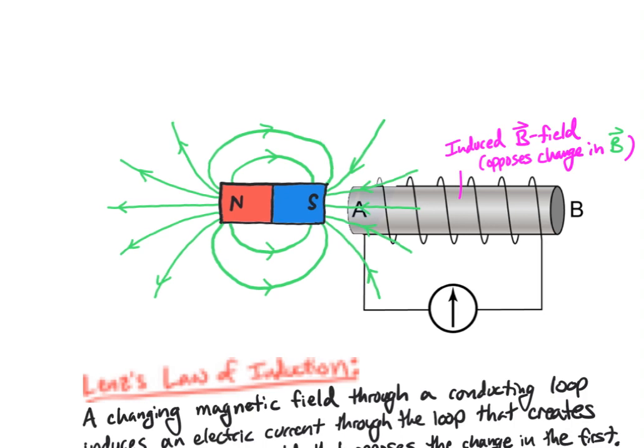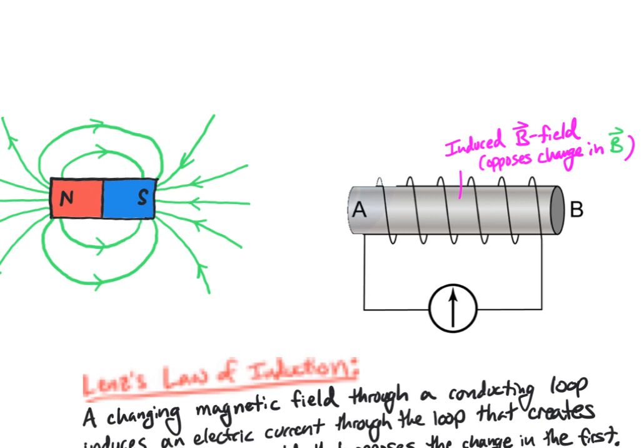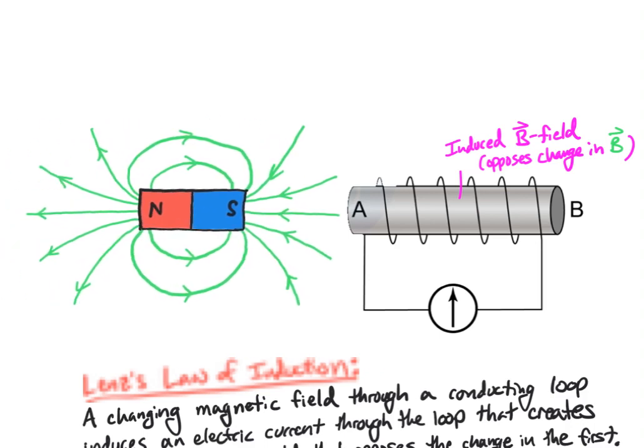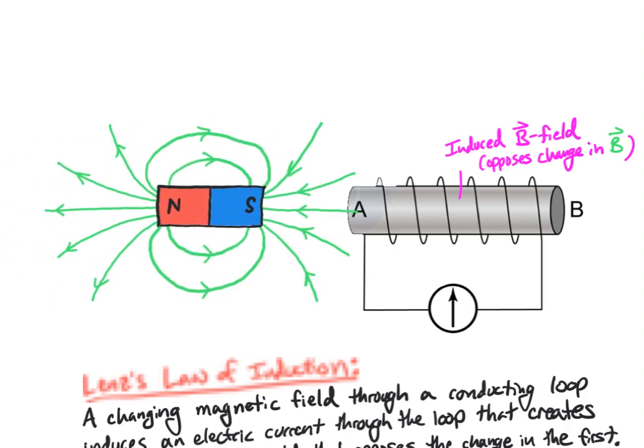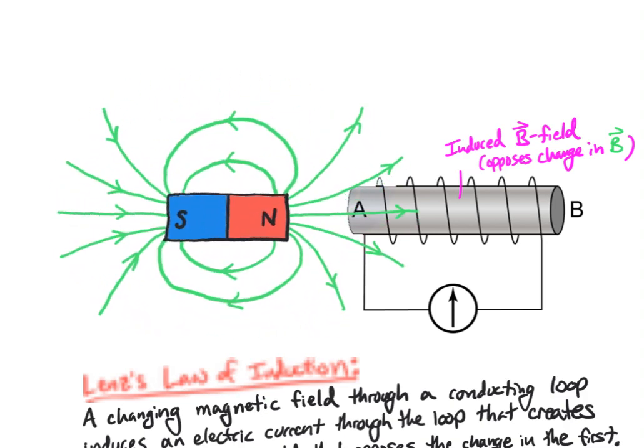And if I instead take my magnet away, the magnetic field points to the left, but it's getting weaker. So the induced magnetic field tries to reinforce it, and so the induced field points to the left. Now, I can also do things like, right now the magnetic field points to the left, now the magnetic field points to the right.